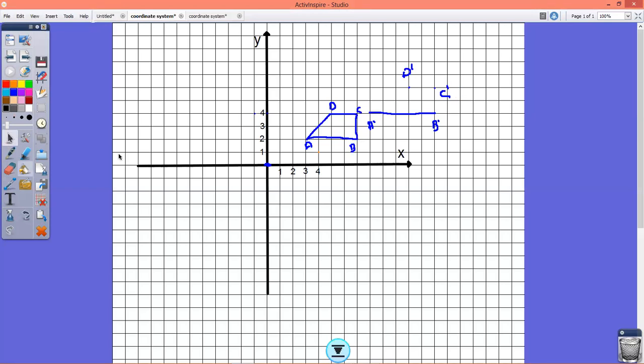Now let's sketch the points. Now here, as you see, now I enlarged.